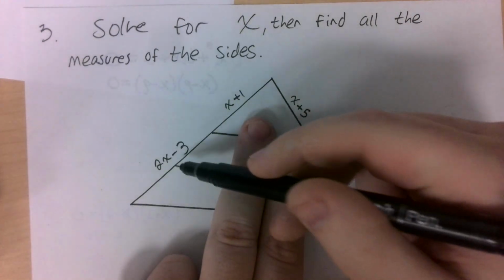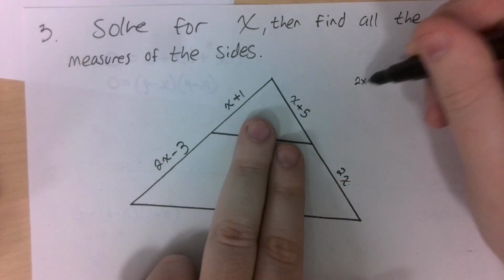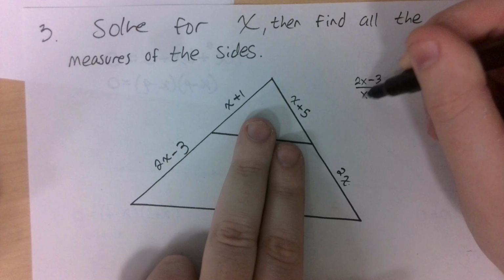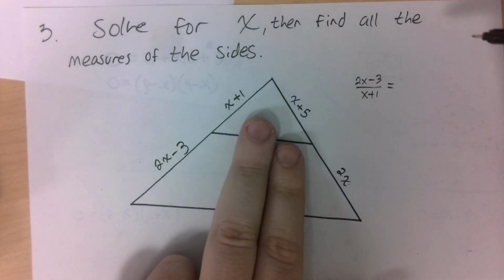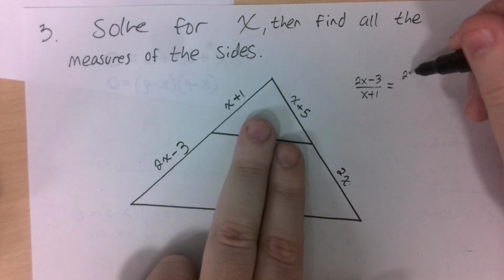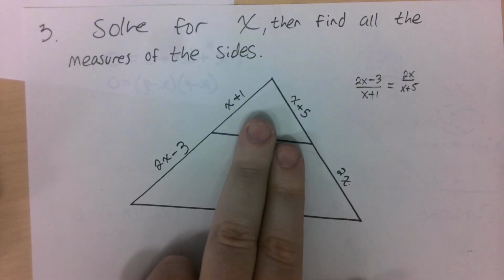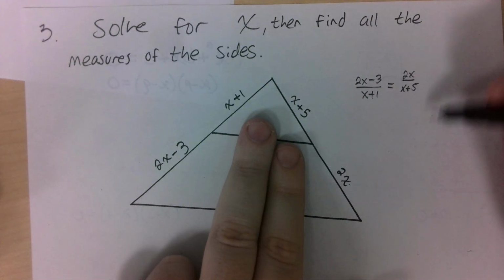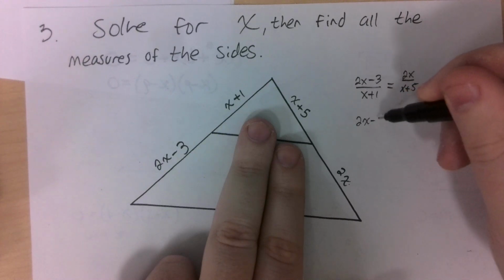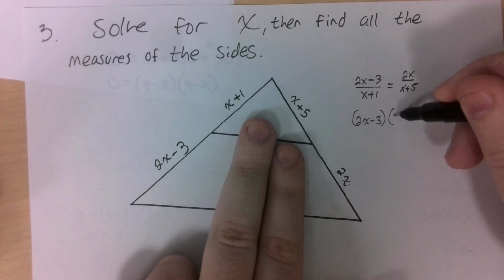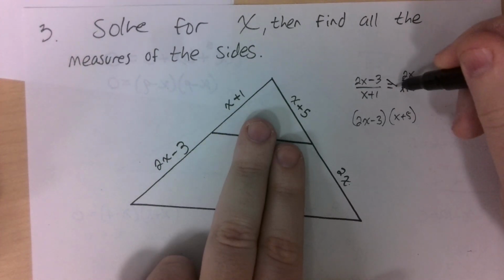So, let's do 2x minus 3 over x plus 1, and 2x over x plus 5. Hope you'll excuse me using just a regular black pen for this one. Now we're going to cross multiply. So on one side, we're going to get whatever 2x minus 3 times x plus 5 is.